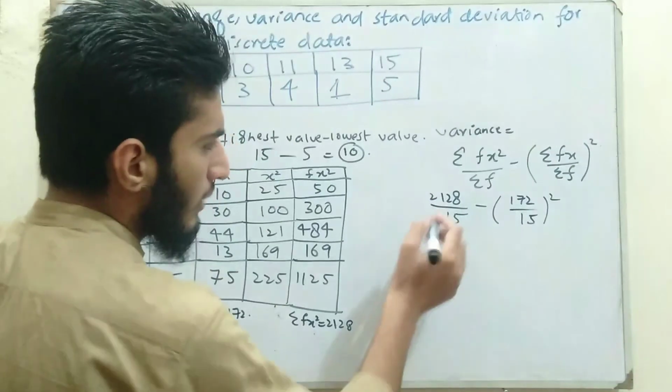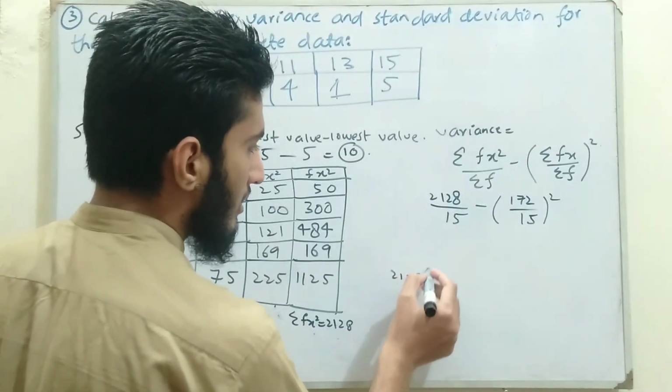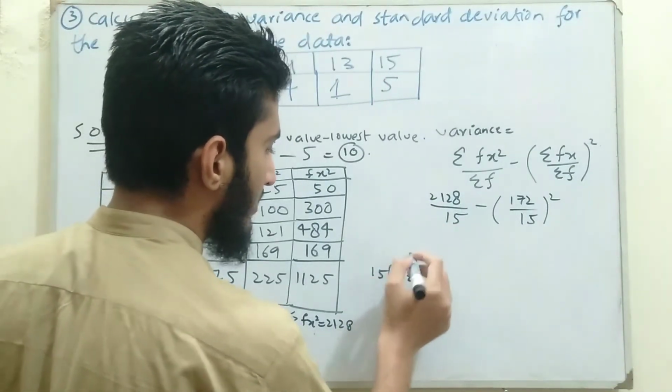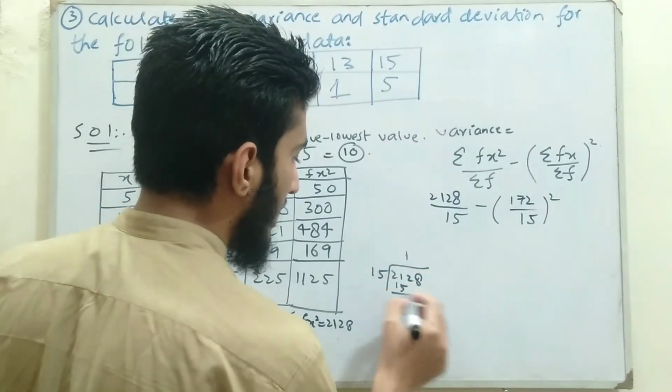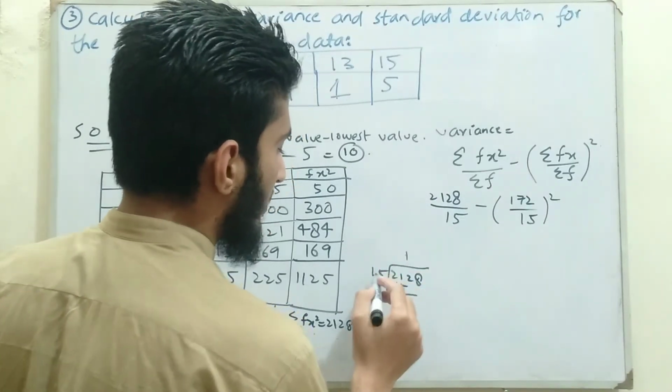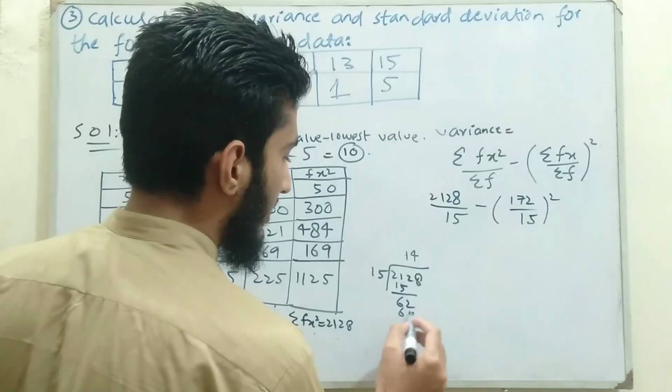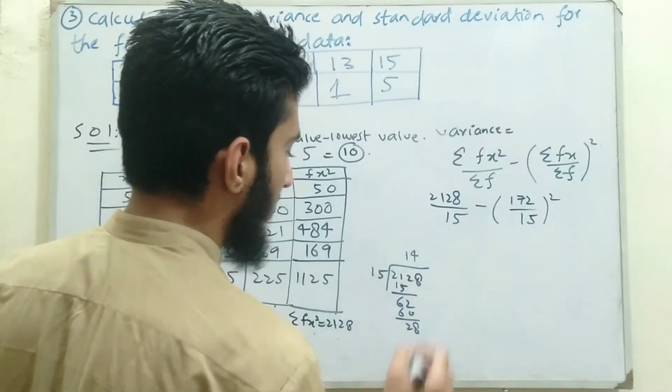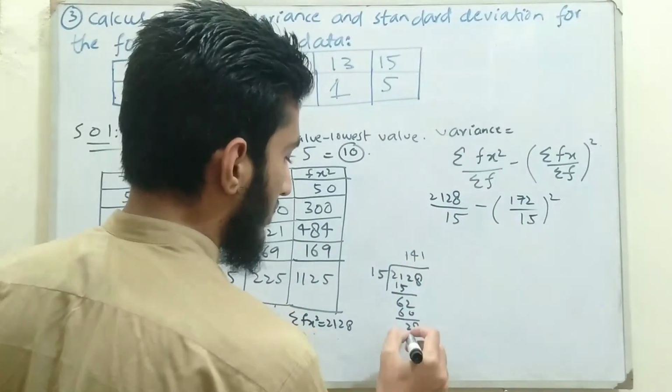So first we are going to divide 2128 by 15. 15 multiplied by 1 is 15. After this 6 and 2. So 15 multiplied by 4 gives us 60. After this 2, 8. So 15 multiplied by 1 gives us 15.